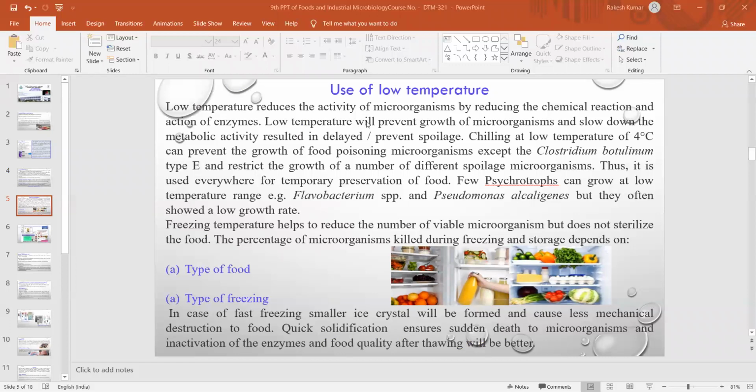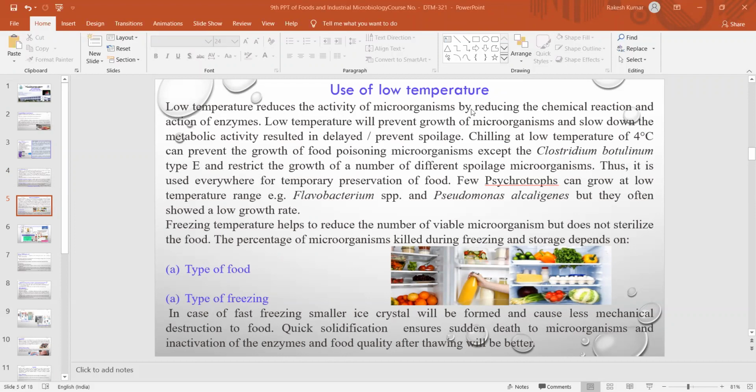Now, coming to our topic, use of low temperature. Low temperature reduces the activity of microorganisms by reducing chemical reactions and the action of enzymes. Whatever chemical reaction is going on or whatever enzymes are there in the system will be inactivated, and automatically the shelf life of your food item will be improved.